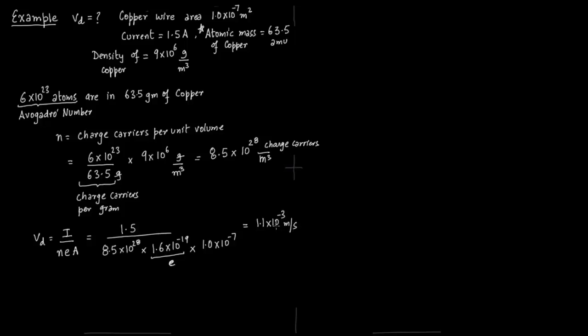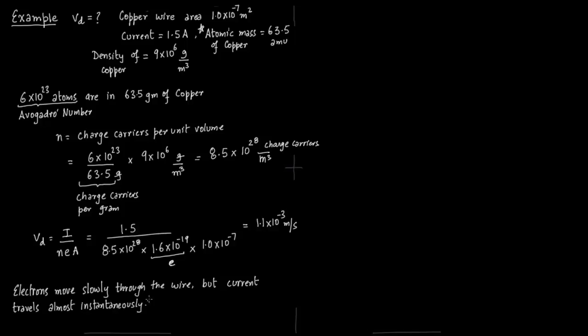Notice that the speed with which electrons move is very low. Electrons are moving very slowly, but we still say the current passes instantaneously or at the speed of light. Now why is this so? That is because as soon as you apply electric potential, the electrons at the end of the wire start moving out immediately, and that is why the current starts flowing instantaneously.